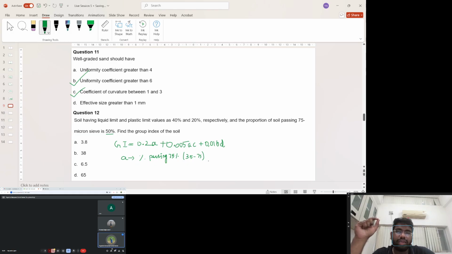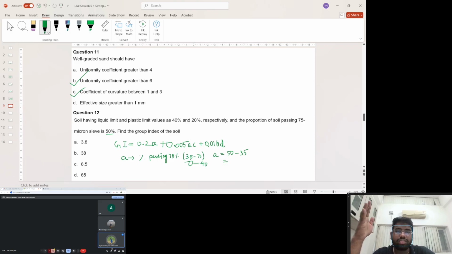Now, a is obtained from 50 minus 35, that is the additional percentage of soil passing through the 75 micron sieve over 35. It is taken as an integer whose range is from 0 to 40.